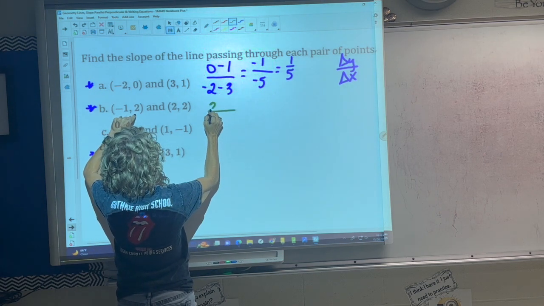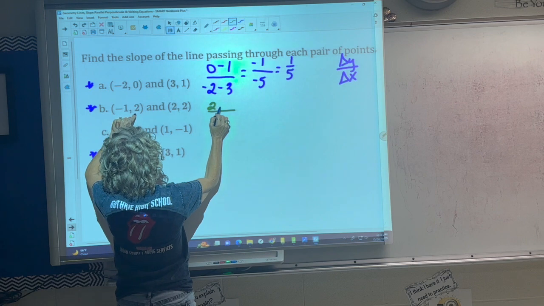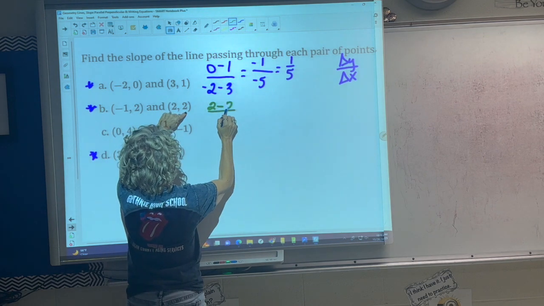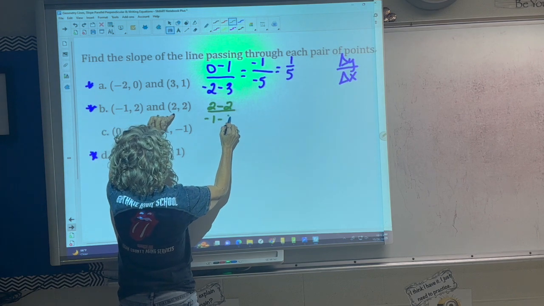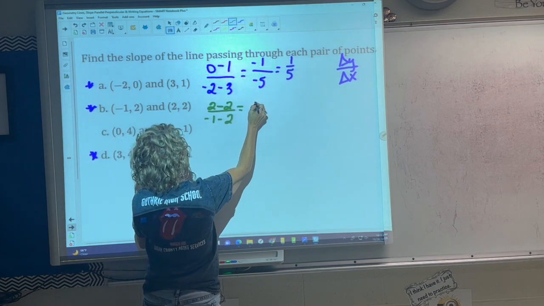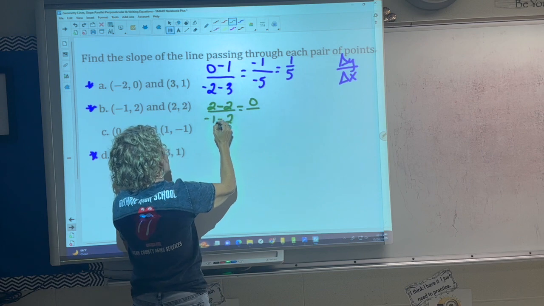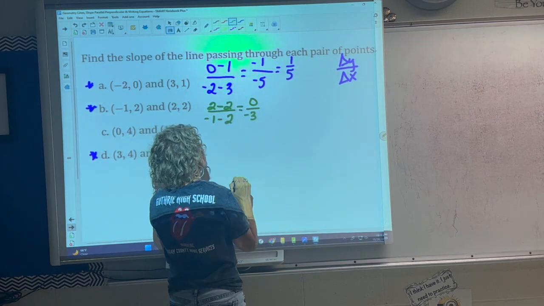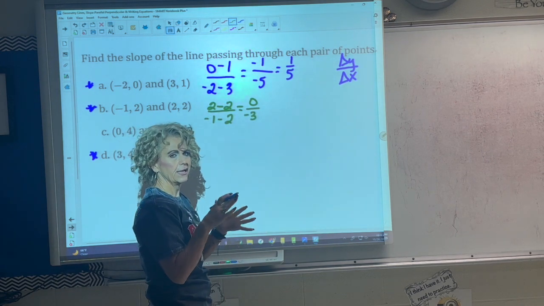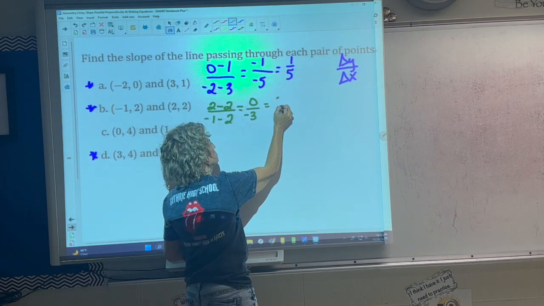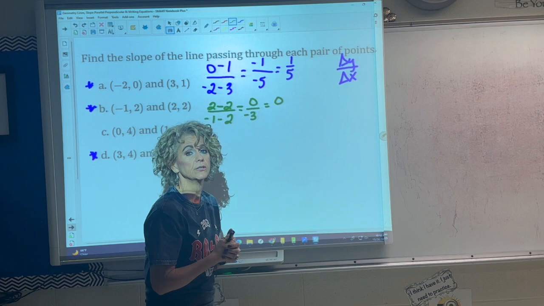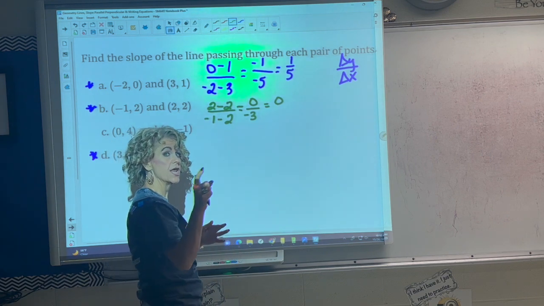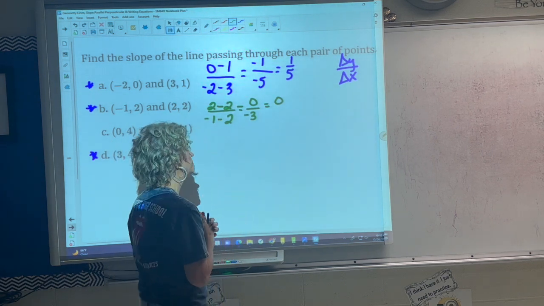I use this 2 first, this 2 minus this 2 over this -1 minus 2. 2 minus 2 is 0 over -1 minus 2, which is a -3. 0 divided by any number is 0. I can divide 0 by any number that I want. It's always going to be 0. I just cannot divide by 0.